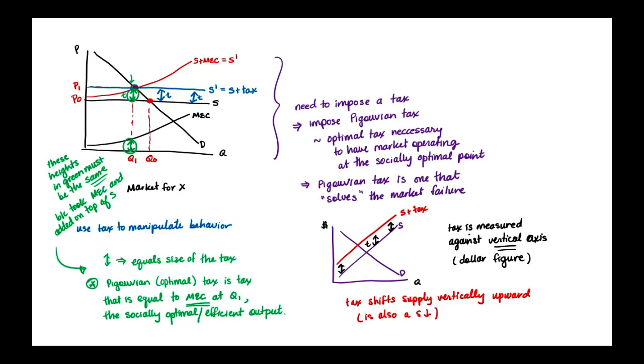So now let's take what we learned and look at the case of a marginal benefit. So, second example, let's say that good X results in an external benefit.